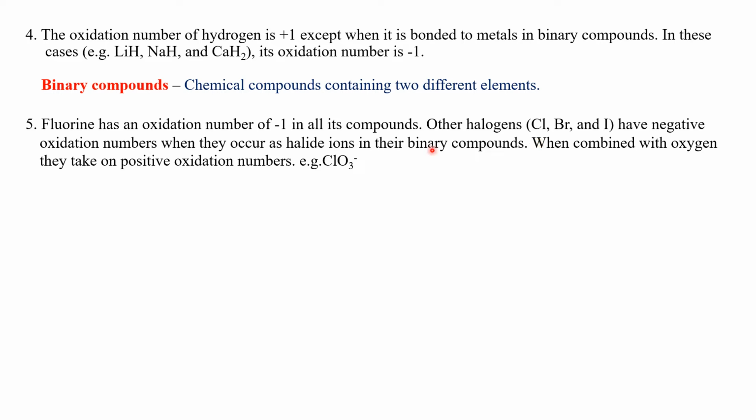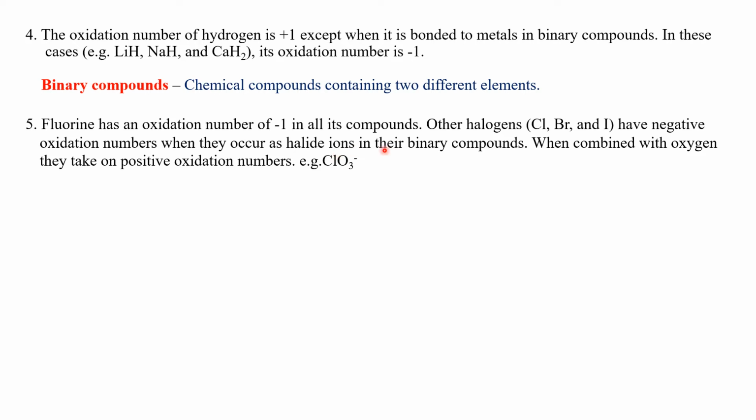But for the halogens chlorine, bromine, and iodine, when they are in compounds with oxygen, their oxidation number becomes positive. For example, chlorate, ClO3 with charge 1 minus. After you calculate, oxygen is -2 times 3, -6.